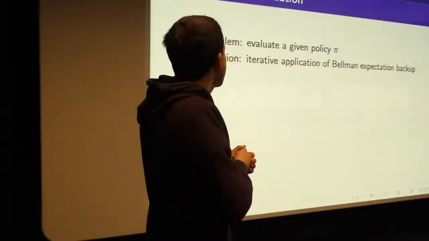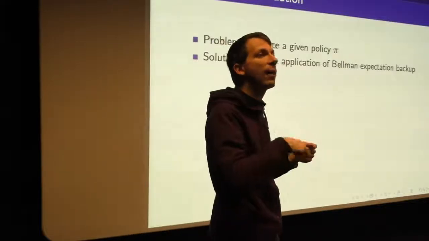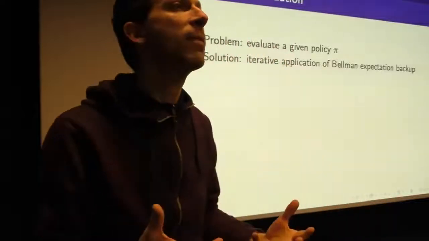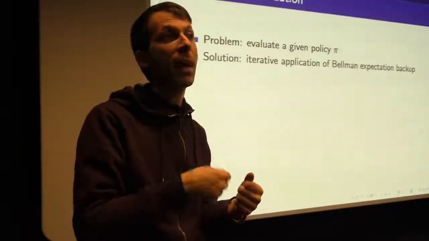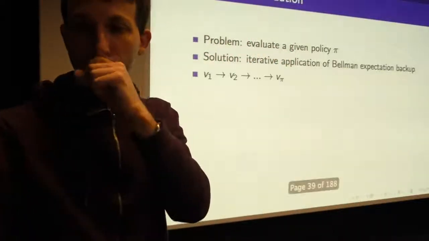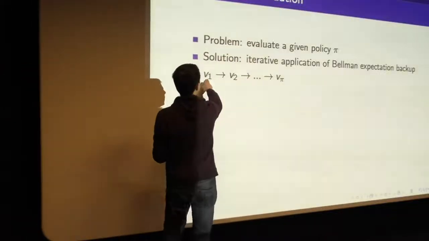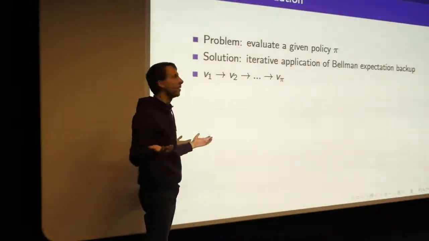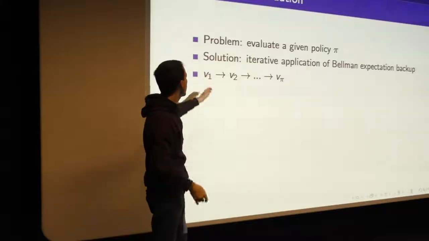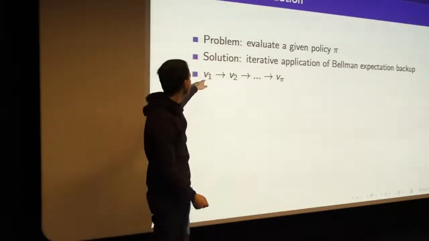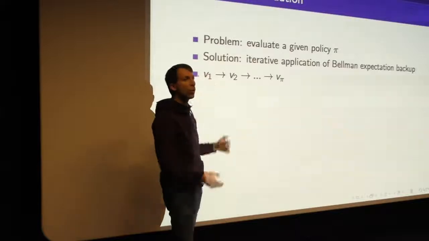But what we're going to do is take that Bellman equation and turn it into an iterative update. And that's going to give us our first mechanism, not the only mechanism we'll see, for evaluating policies. So we're going to start off with some arbitrary initial value function, v1. You can think of v1 as a vector telling us the value of all states in the MDP.